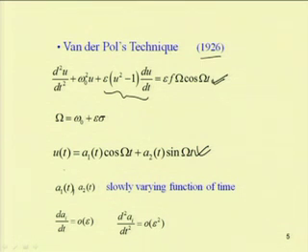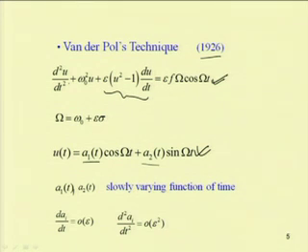By taking the nonlinear term, instead of constants a 1 and a 2, which are the solution when epsilon equals 0, we write the same equation but take a 1(t) and a 2(t) as slowly varying functions of time. In the van der Pol method, u(t) equals a 1(t) cos omega t plus a 2(t) sin omega t.